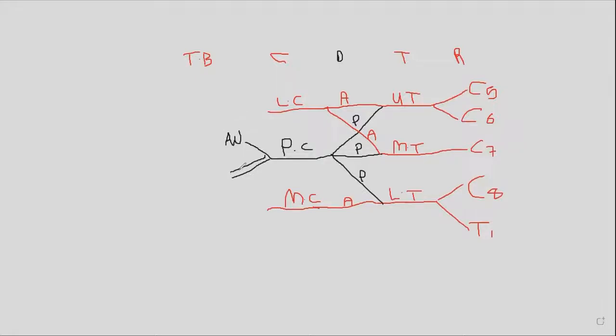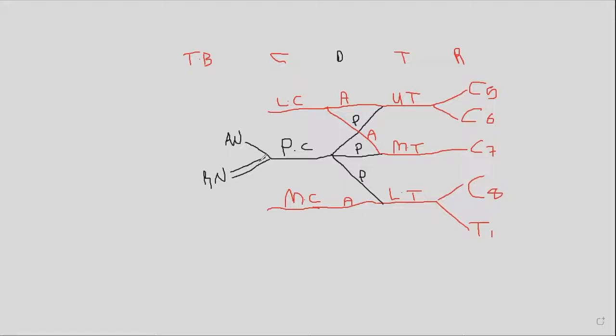Then you have this larger nerve. This larger nerve from the posterior cord is the radial nerve. The radial nerve basically innervates all muscles on the extensor compartment of the upper limb.